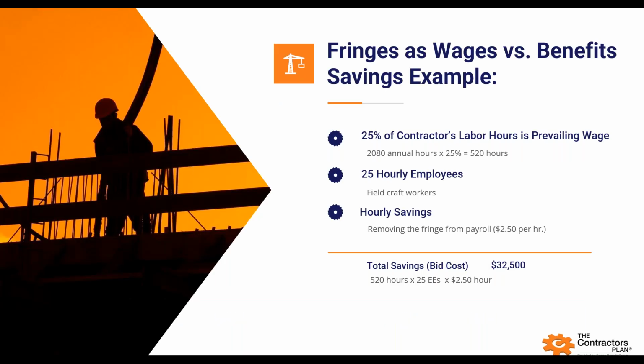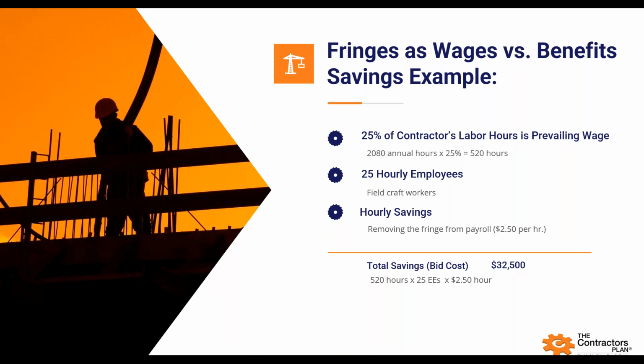Here is an example using those same numbers for the contractor overall. So in this case, about a quarter of the contractor's labor hours are prevailing wage. Government gives us a safe harbor of 2,080. I know most craft workers aren't working a straight 40-hour-a-week, 52-week-a-year scenario, but we'll just use that. Times 25% is 520 hours.